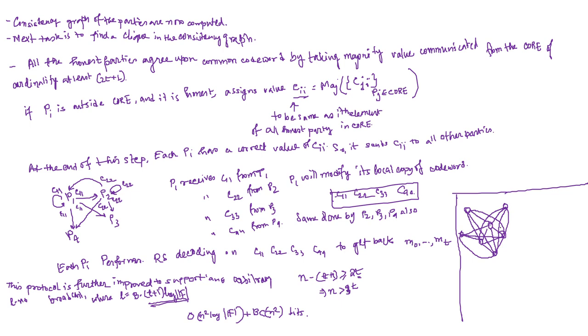So there are 4 nodes in the clique, right? So let's say A, B, C and D, and there is E, F and G. So all of A, B, C, D are in a clique, right?